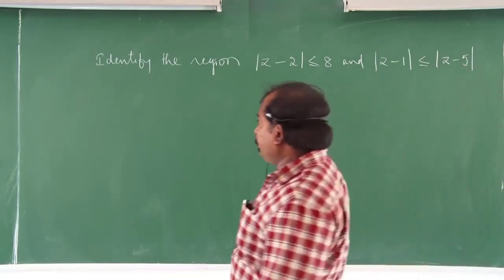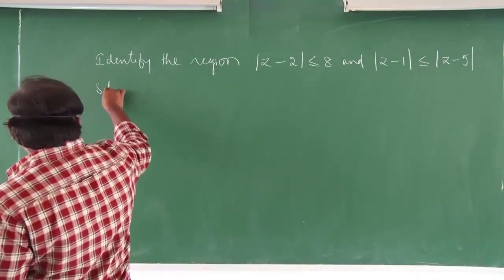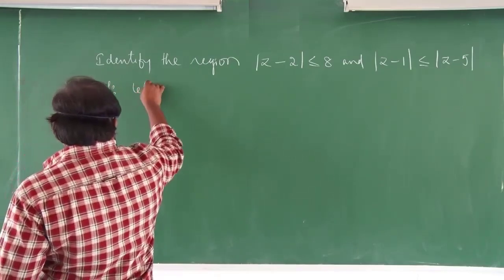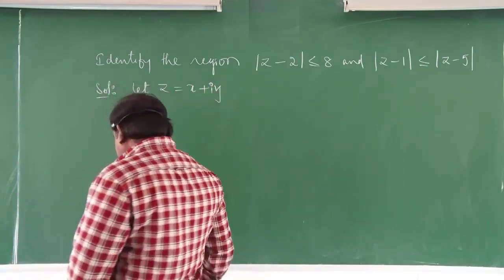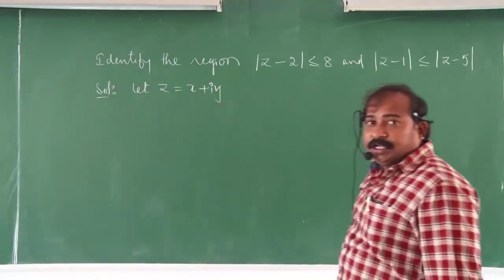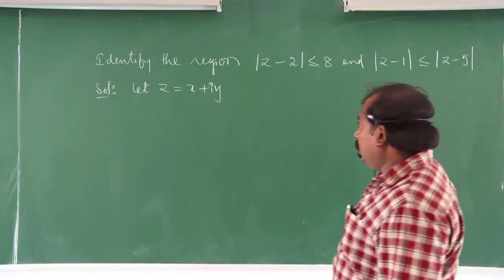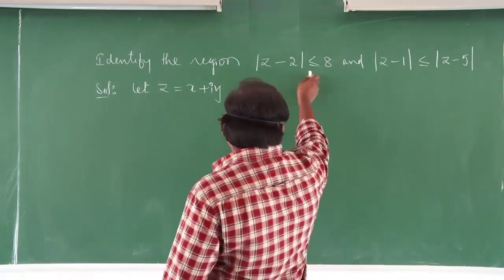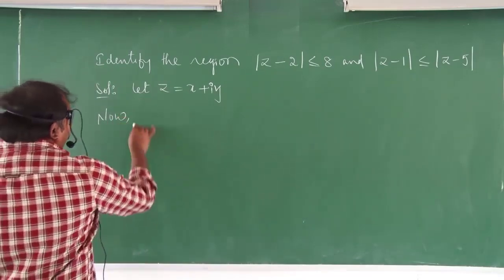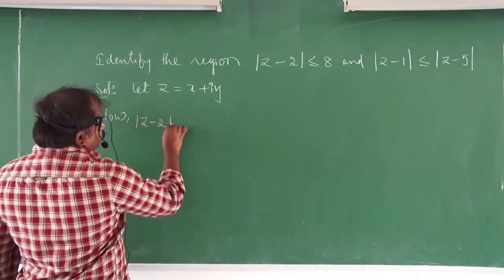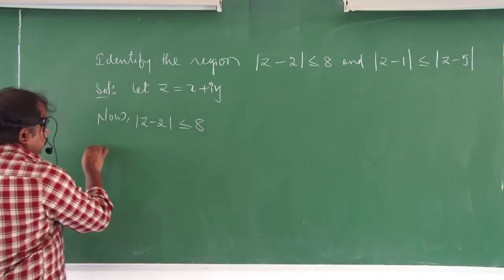Whenever this is given, immediately we take z equal to x plus iy. Now first replace z equal to x plus iy and find the value of modulus of z minus 2 less than or equal to 8. What is the geometrical meaning?